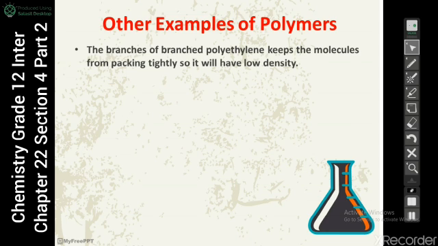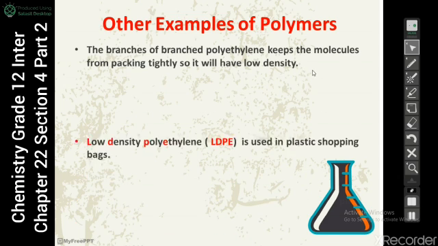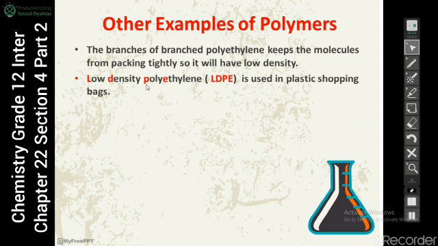We can't crowd it together because of the branches, so it will have a low density. So low density polyethylene, or LDPE, has a low density, so it's used in plastic shopping bags. The shopping bags that are made of plastic are actually low density polyethylene, or LDPE.